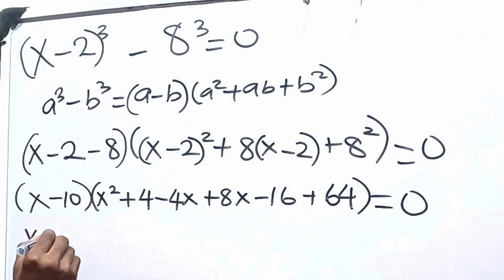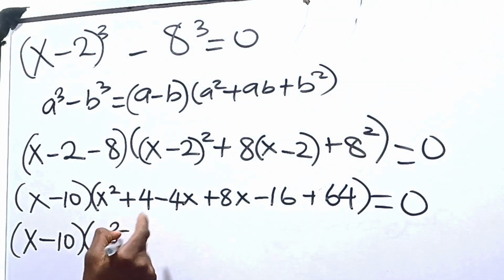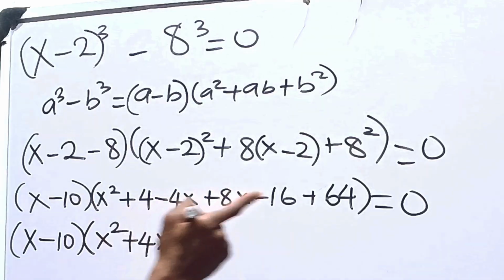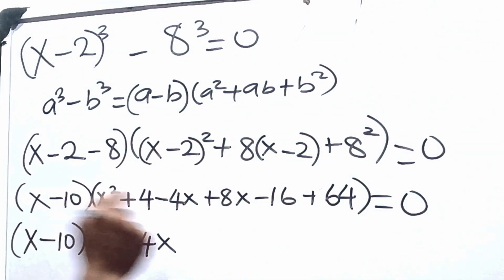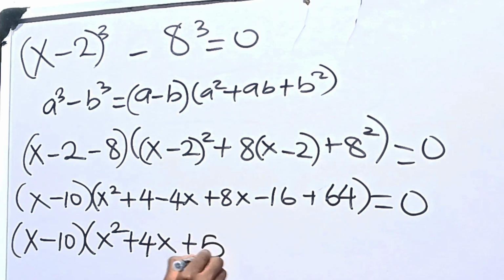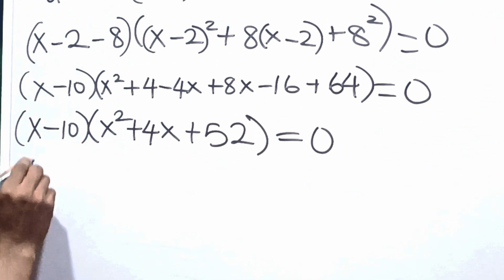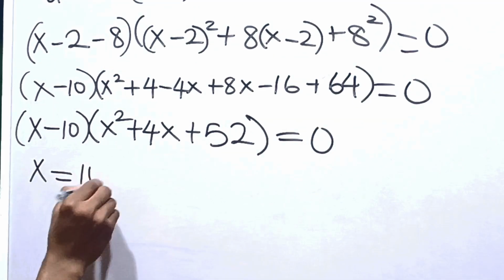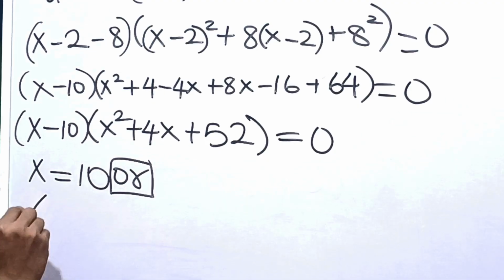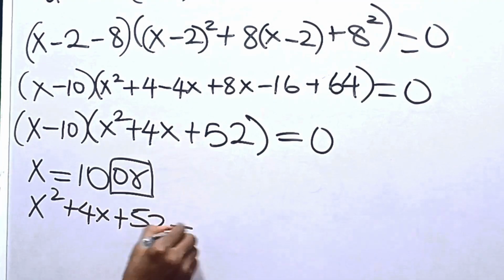This is now (x − 10) multiplied by x squared, minus 4x plus 8x is plus 4x. 64 plus 4 is 68, minus 16 is 52. So we're equal to 0. Now from here it's either that x is equal to 10 or x^2 + 4x + 52 is equal to 0.